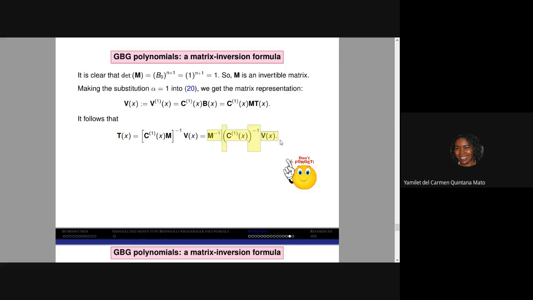That is, we have found a matrix inversion formula involving the GBG polynomials.